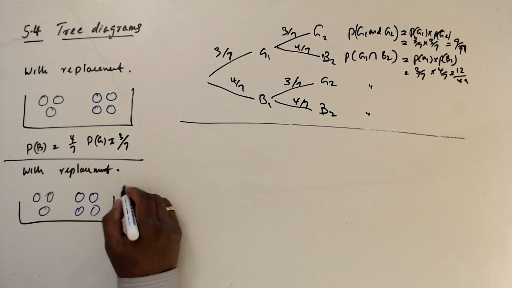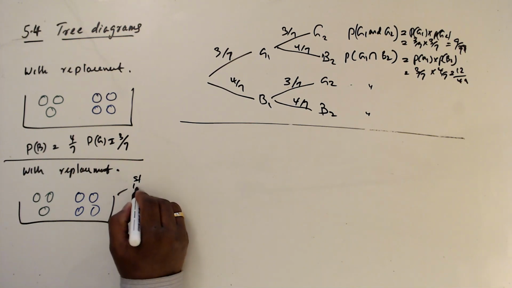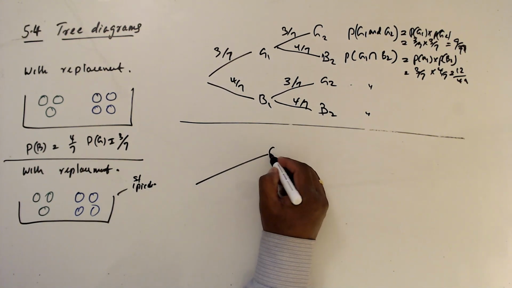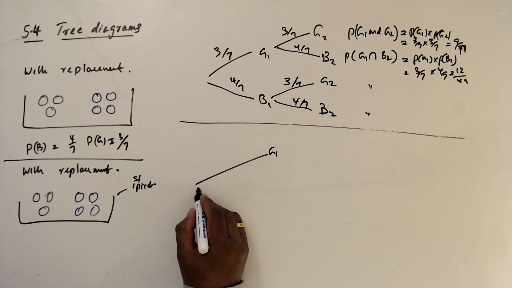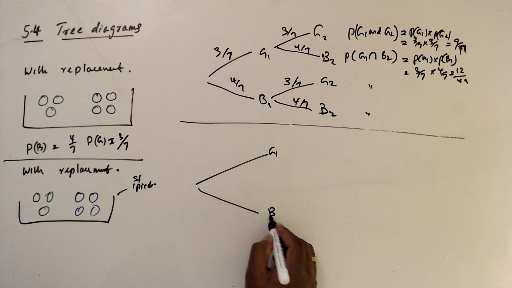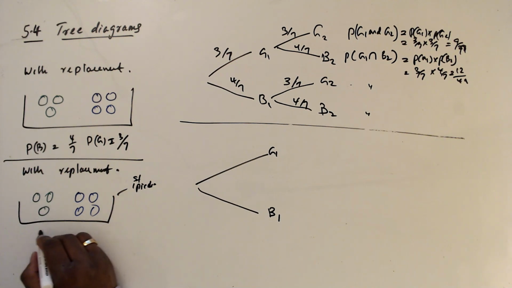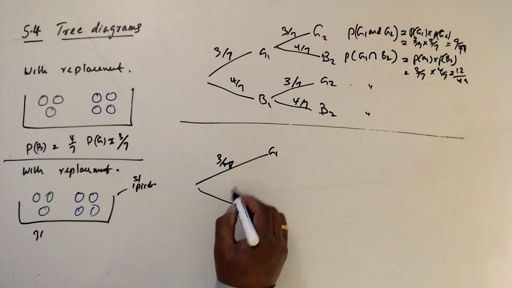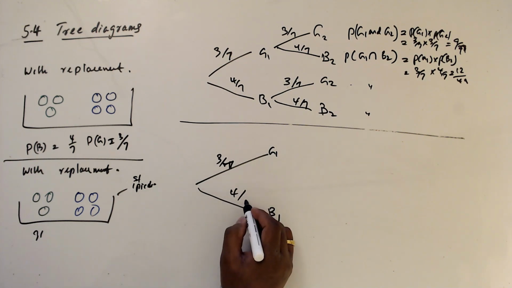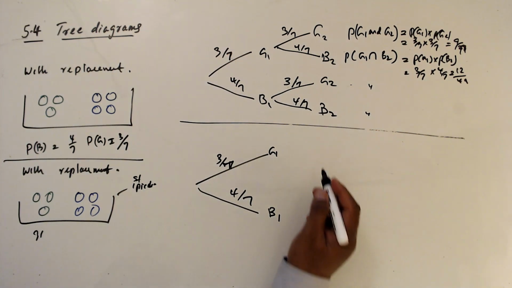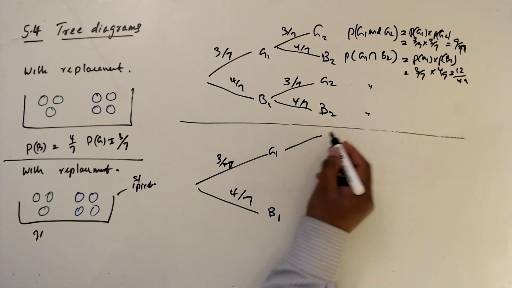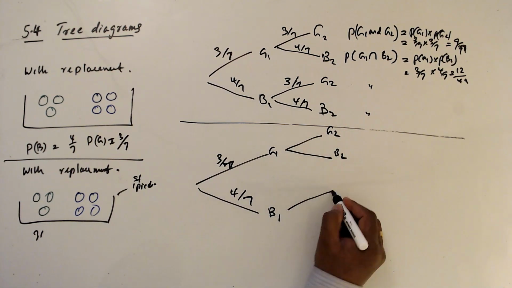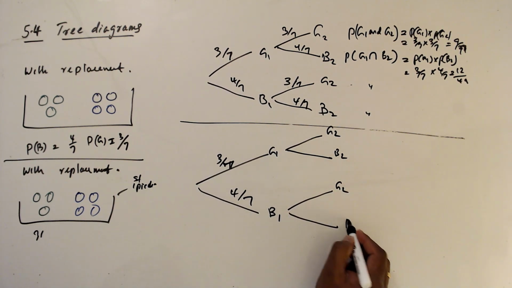Now, first picking, G1 and B1, with probabilities as usual, 3 out of 7 and 4 out of 7. Now the second picking, G2, B2, G2, B2.